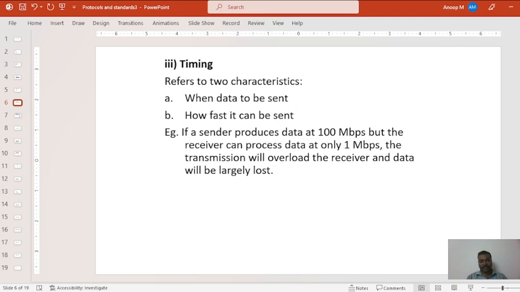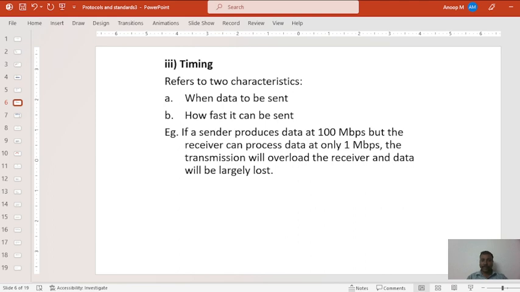The third thing that comes under the protocol is timing. Timing refers to when the data has to be sent and how fast the data has to be sent. For example, if the sender produces data at 100 Mbps and the receiver is going to get the data at 1 Mbps, then there will be an overload of the data. The data will be waiting in the path of travel, either in wired media or in wireless media.